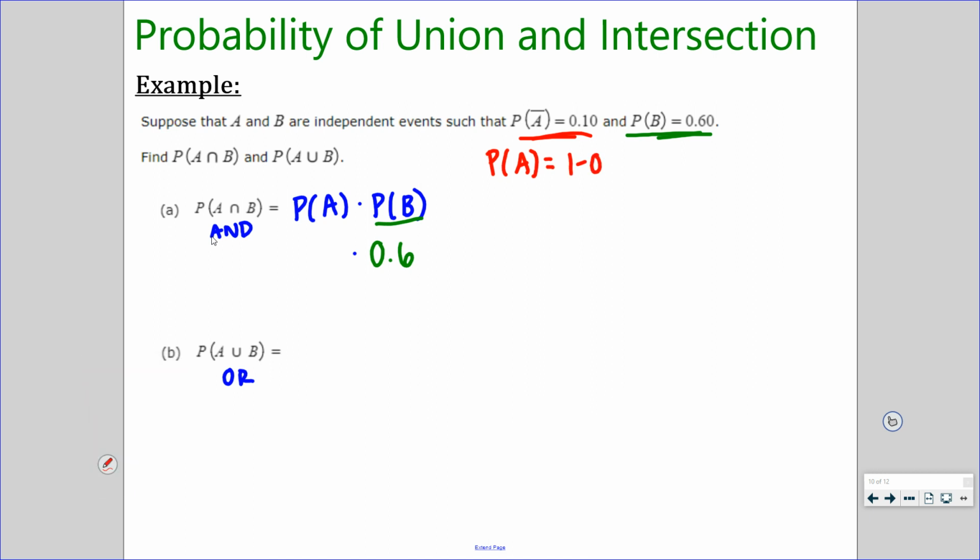They have to add to 1. I'm going to put them in parentheses so you know how to multiply. Everybody know why we're multiplying here? Because we're trying to find the probability of the intersection, this and this happening. So we multiply and get 0.54.